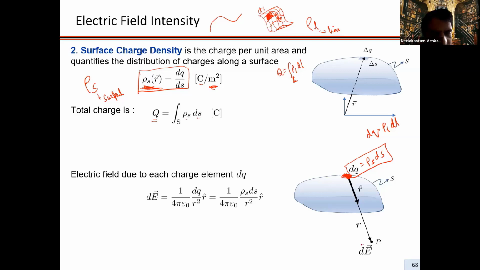So that small little electric field due to the small little charge is going to be rho s dS over r square, where r is the distance between the source and the destination, over 4 pi epsilon naught, in the direction of r hat. It's exactly the same Coulomb's law.